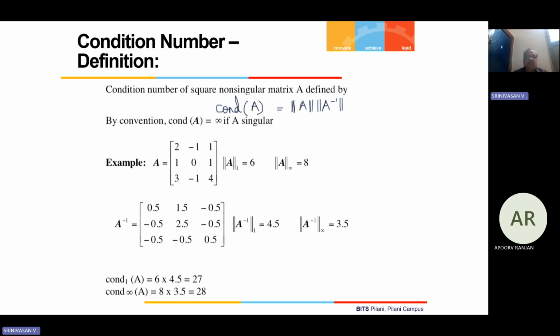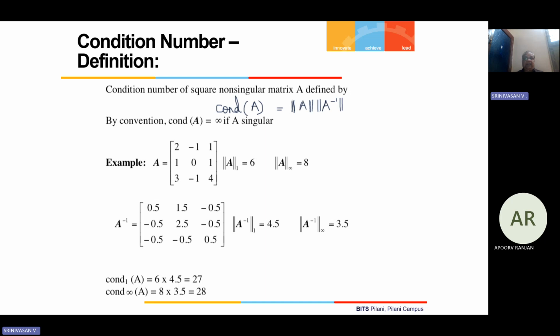Okay. So let us just take an example. Let A be equal to [2, -1, 1; 1, 0, 1; 3, -1, 4]. Find the matrix norm corresponding to the vector 1 norm, that is, norm A suffix 1. What is the answer? Take the column sum of absolute values. First column, everything is positive: 2 plus 1 plus 3, 6.